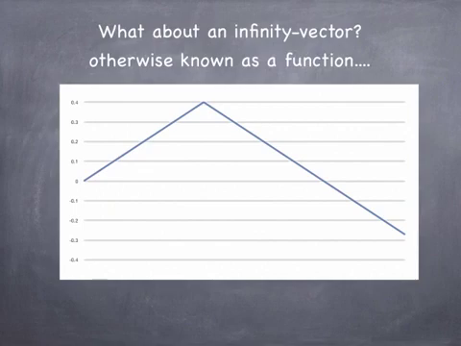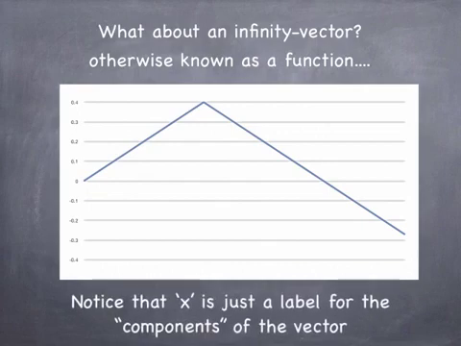So one way to think about a function is as a vector, just like these other vectors, but with an infinite number of components, because the variable x, which labels the component, has a continuous set of values.